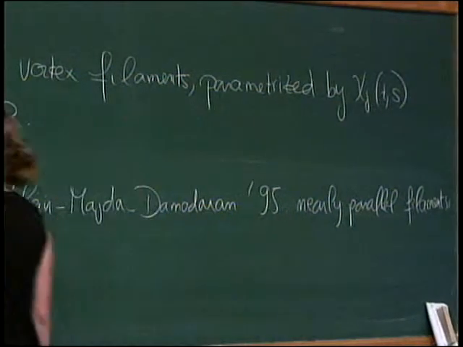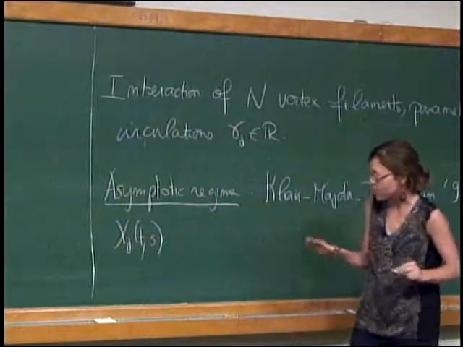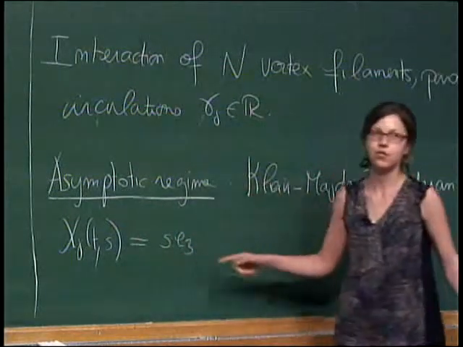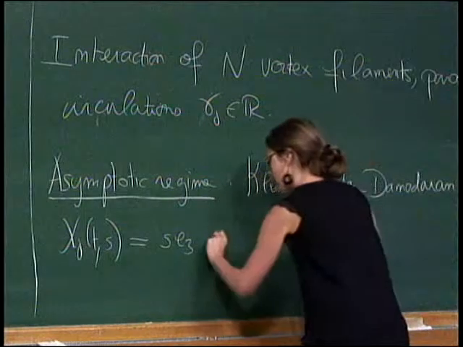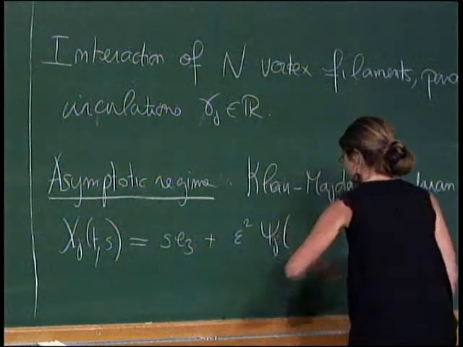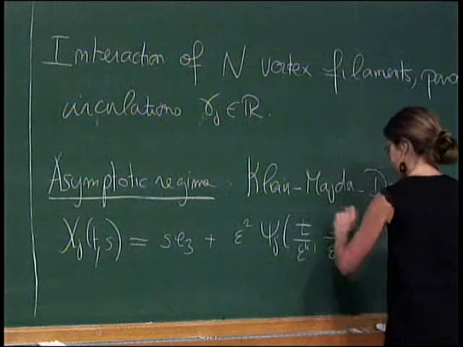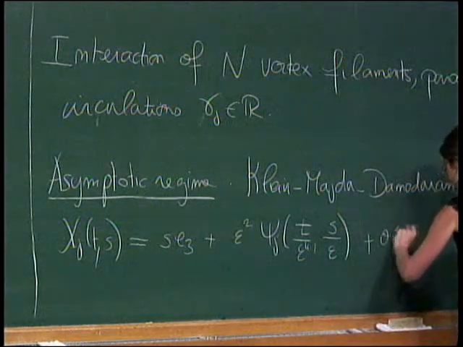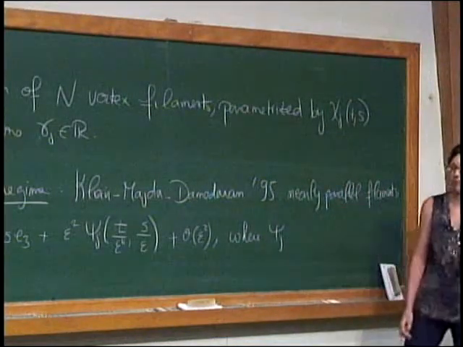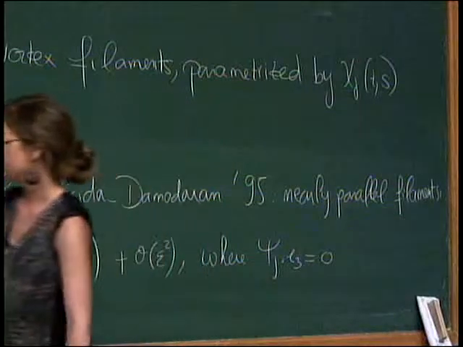The functions chi j epsilon of t and s behave more or less like s E3, where E3 is the third vector of the basis of R3, plus a profile epsilon squared psi j of t over epsilon fourth and s over epsilon, plus little o of epsilon squared, where psi j is orthogonal to E3 and epsilon is a small parameter.